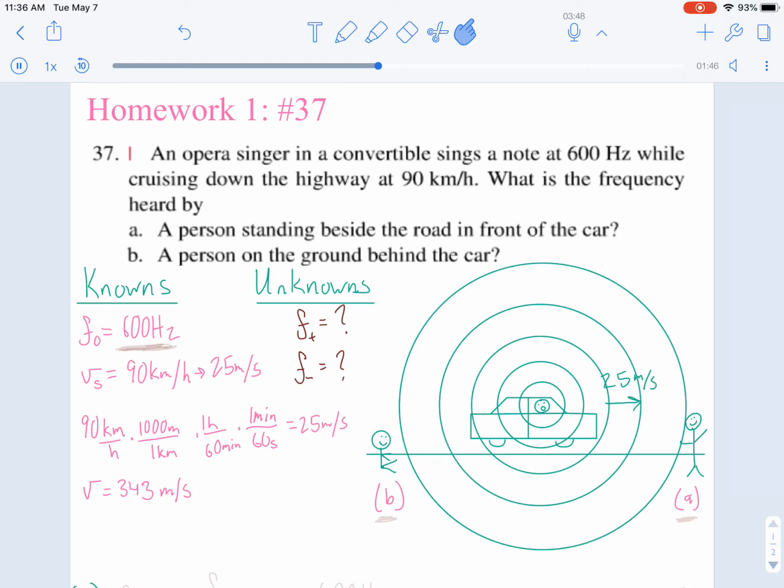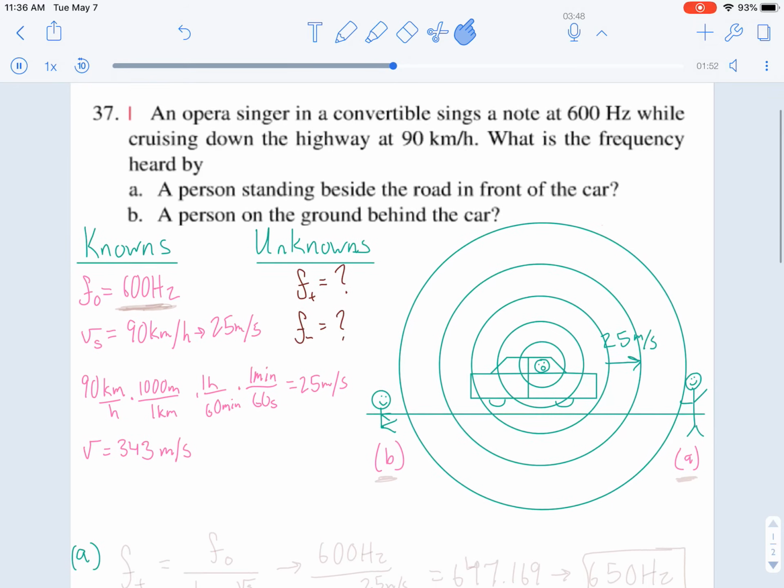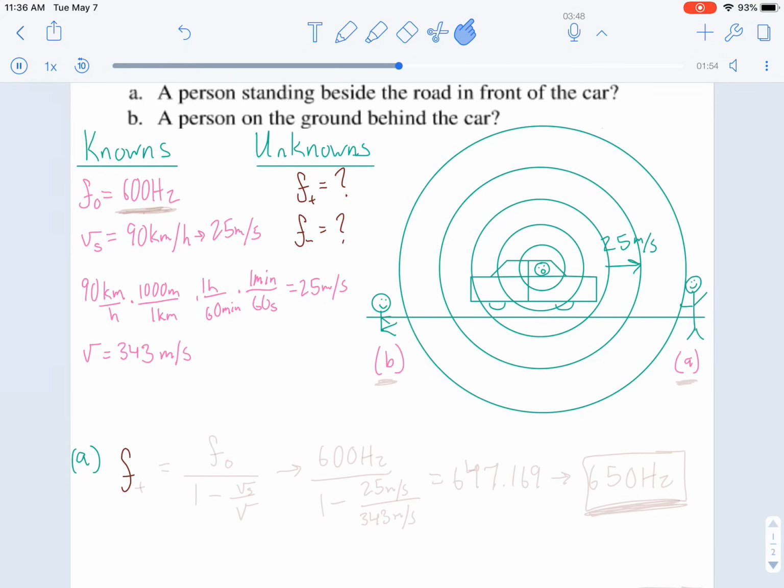So we look at our equations and we find, to find the frequency heard by the person standing beside the road in front of the car, that would be F plus equals the frequency of the singer divided by 1 minus velocity of the car over velocity of sound, which once you plug everything in, looks like this.